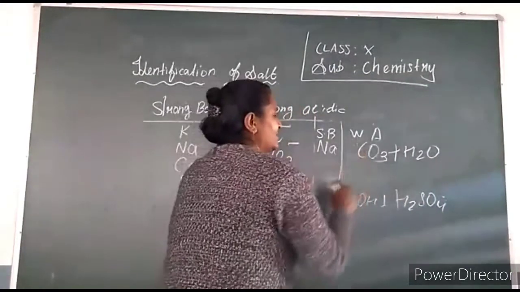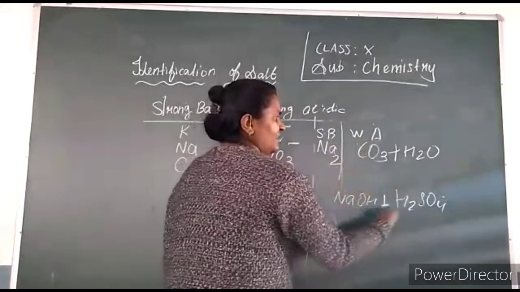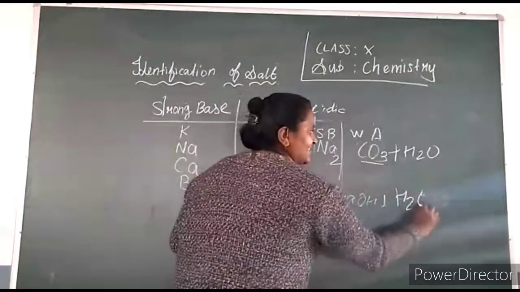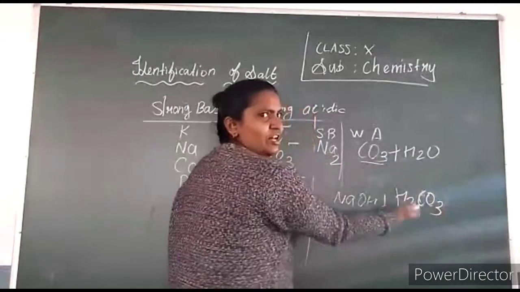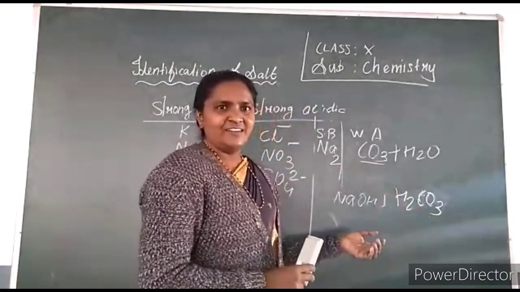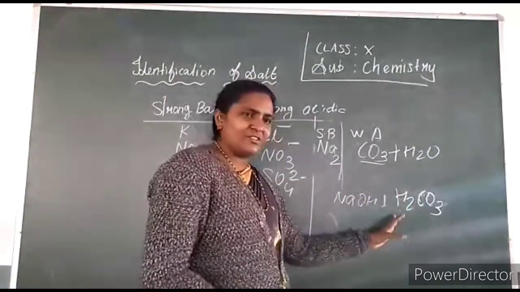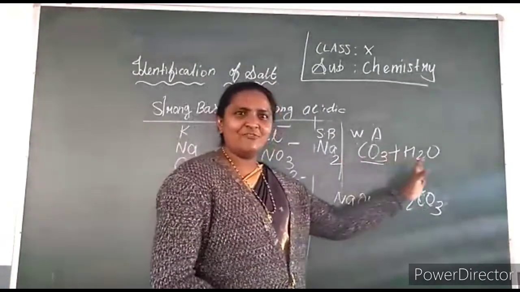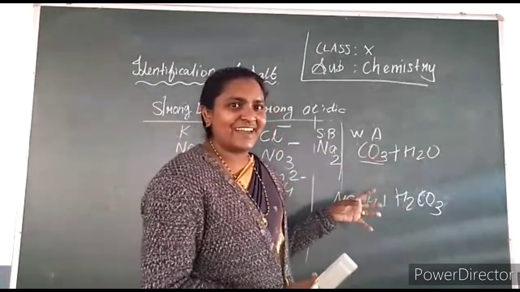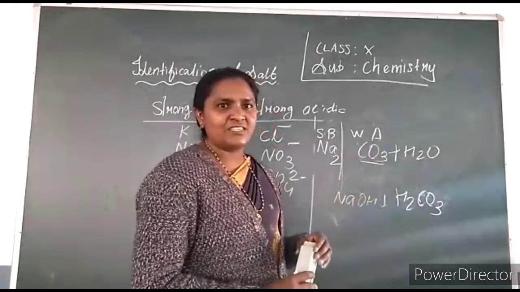If it is carbonate, this is a base, this is which acid? Carbonate, no? So carbonic acid. Sorry. Carbonate means carbonic acid. Hydrogen carbonate means carbonic acid. Base with acid gives salt and water. It is another question. Write the neutralization reaction. It is an example of a neutralization reaction.